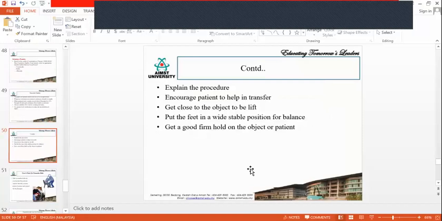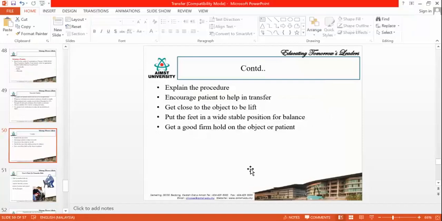Then the next thing is, whenever you are using two people or three people, you need to select one leader. One of them has to be the leader, and the other persons have to listen to them. It is decided by the group. So if three people are lifting, one person will say that I will be leading.